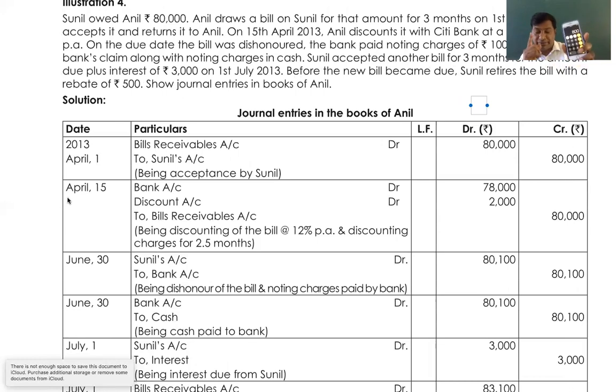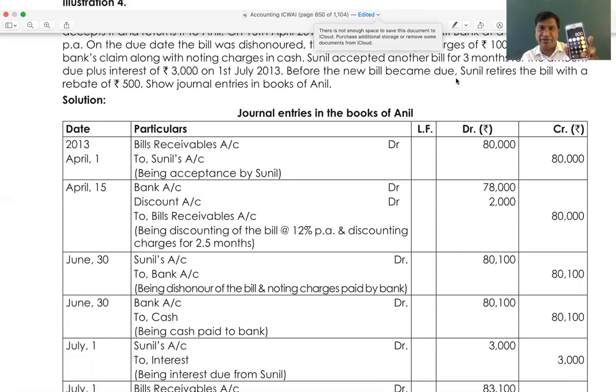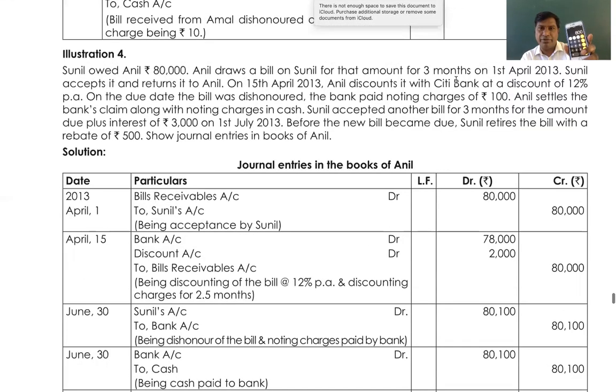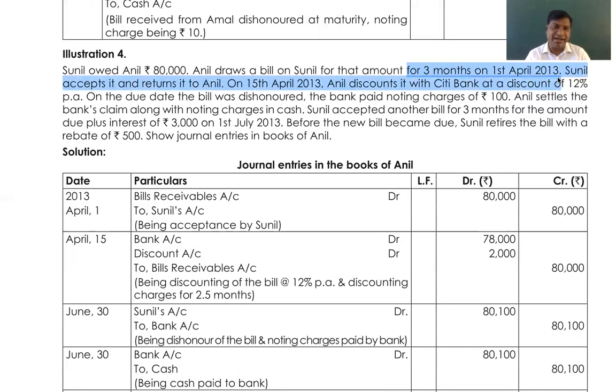After half a month passed. Look at this, the bill is for 3 months, and it is drawn on 1st April 2013. But when did he take that bill to the bank to discount it?